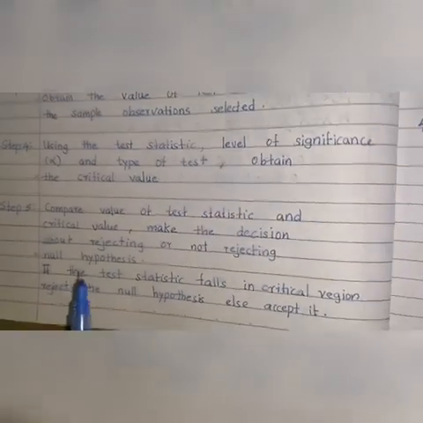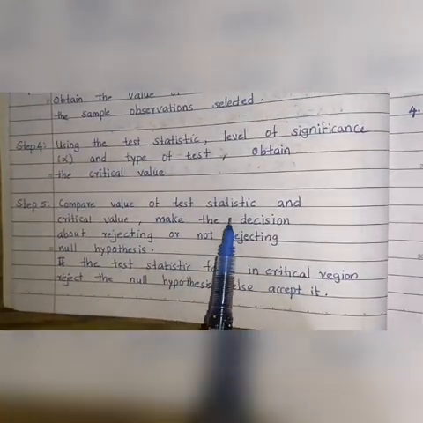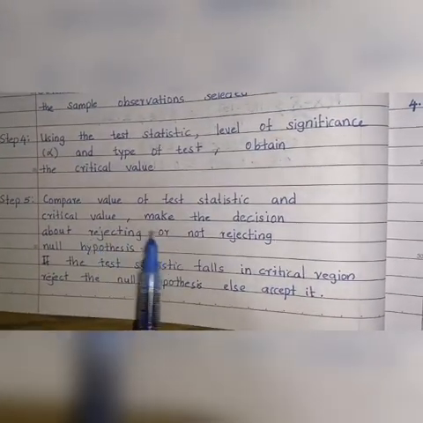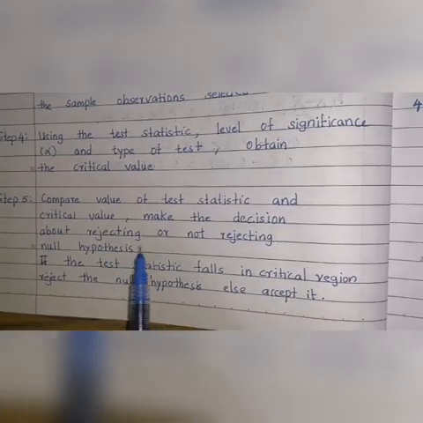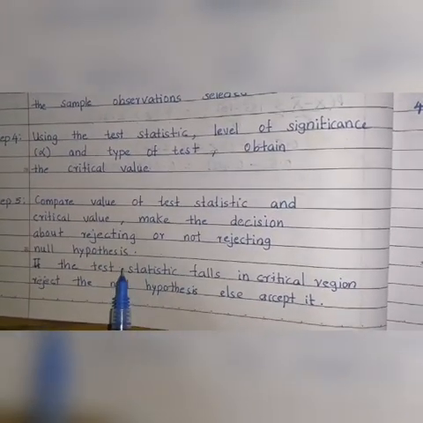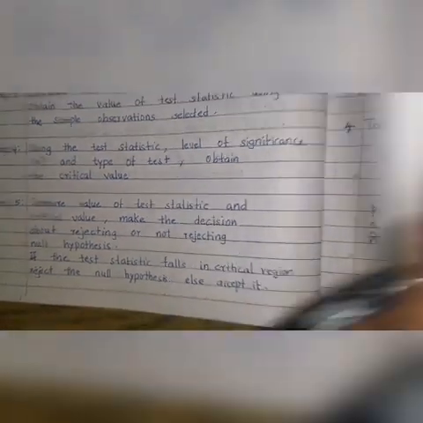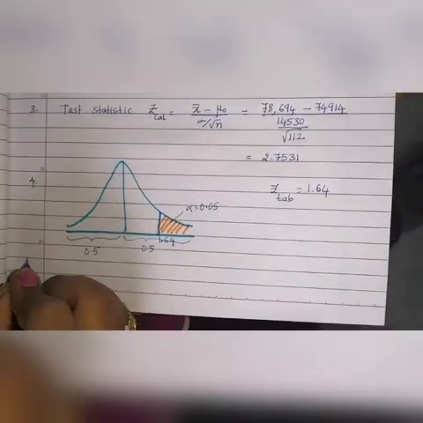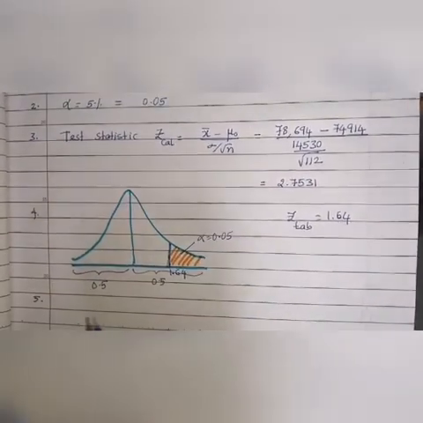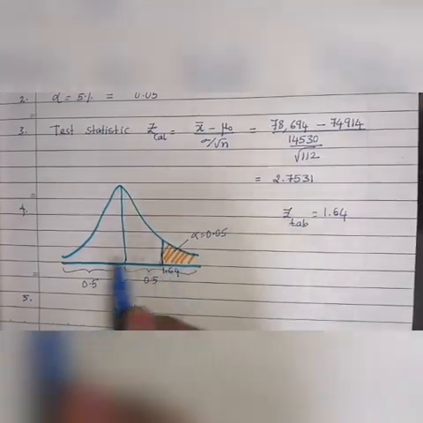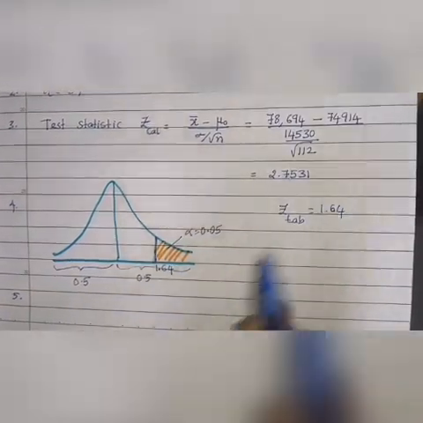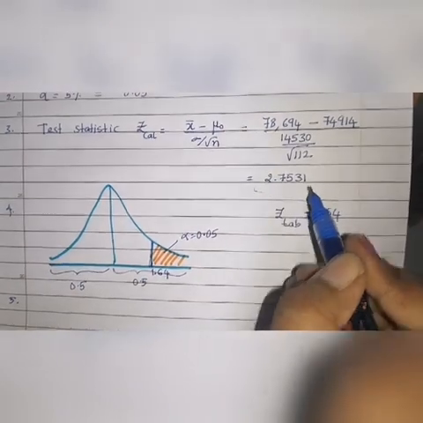Let us find out what we are supposed to do in the next step. In the next step, step 5, compare the value of test statistic and critical value. Make the decision about rejecting or not rejecting the null hypothesis. So in the same graph you plot the test statistic 2.75.